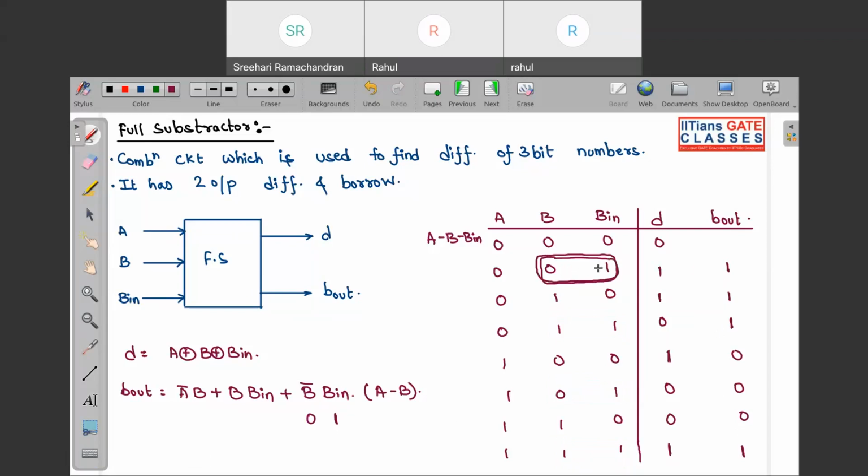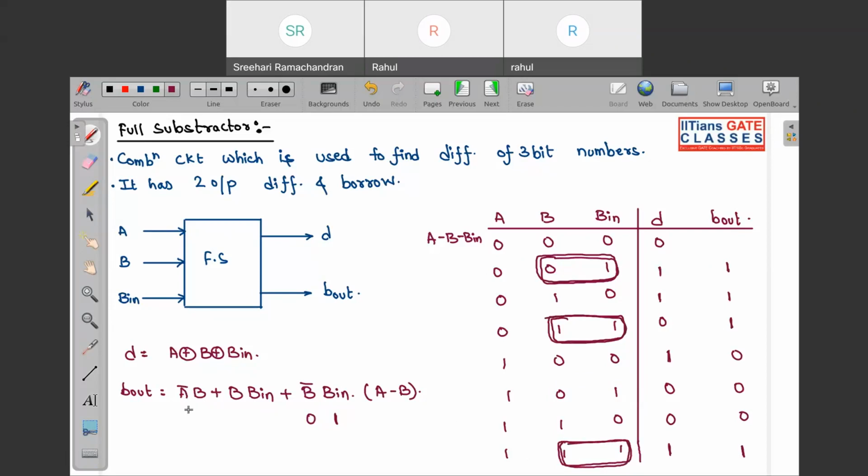At this place you have what? B0, B in 1. Now next see B in. Whenever B is 1, B in is also 1. So at this place you have, even at this place you have. Okay. Now last is what?